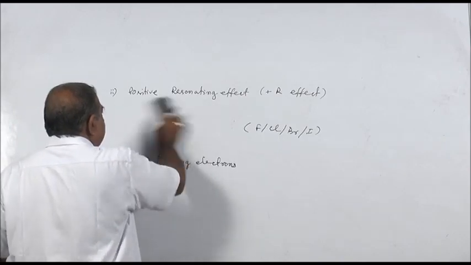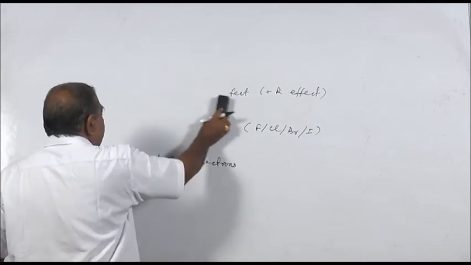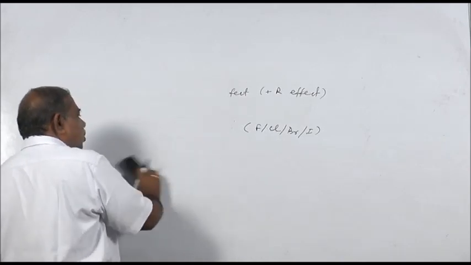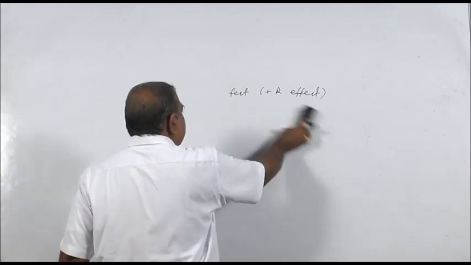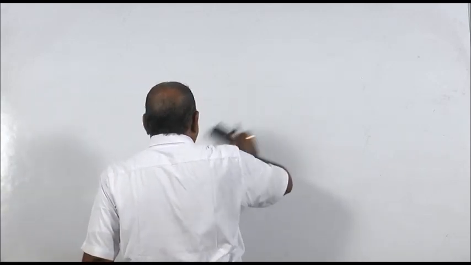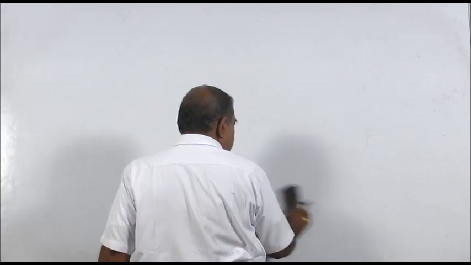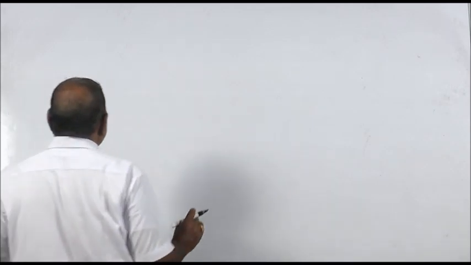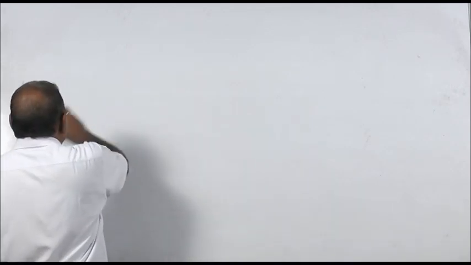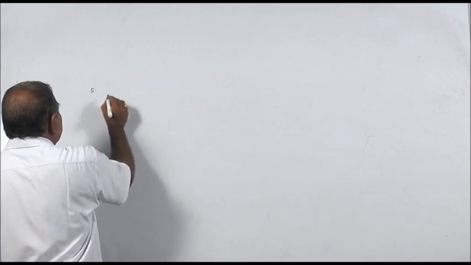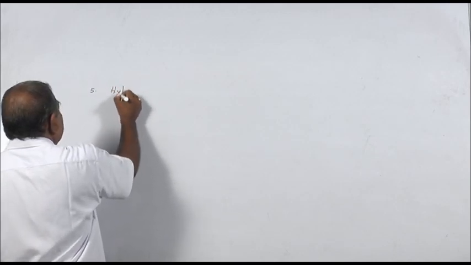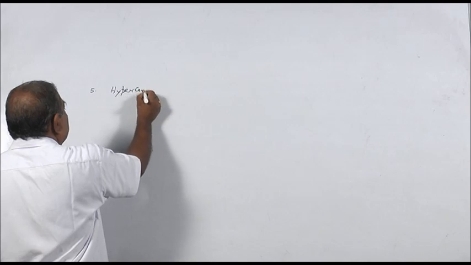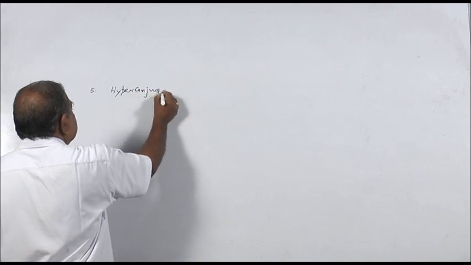So resonating effects are 2 types. There are some groups which withdraw electron from the conjugated systems like benzene or say unsaturated system like ethene, butadiene, etc., and some are capable of pushing electron to the conjugated system. Next is, I think the 5th one, hyperconjugation.